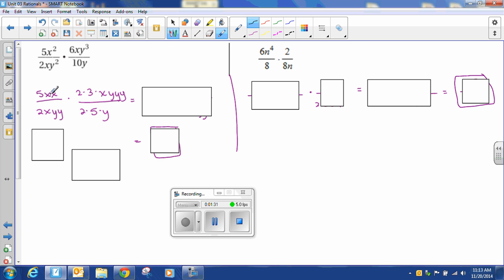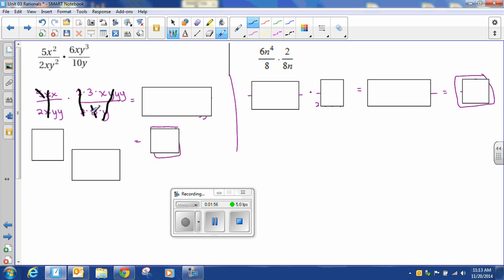And we go through and carefully cancel the common factors that are in the numerator and denominator. So as you can see, it's okay to cancel this 5 with this 5 because eventually they will be together in one fraction after we multiply. So why not do it now?